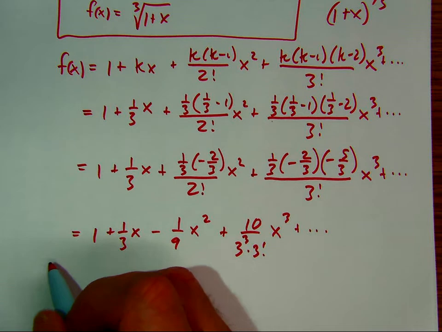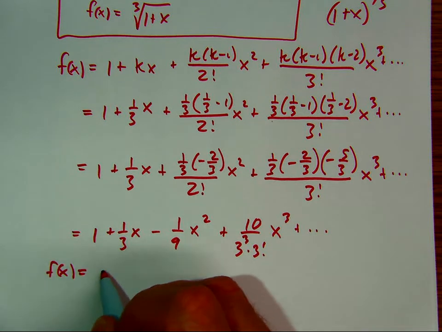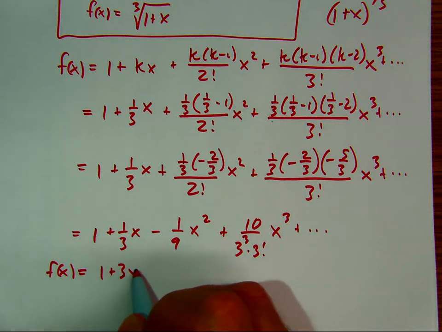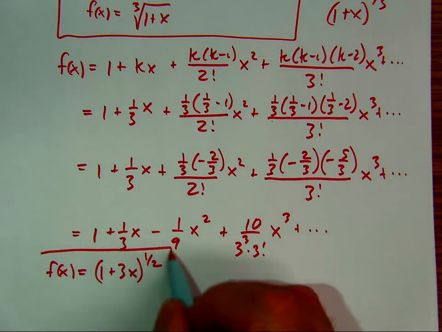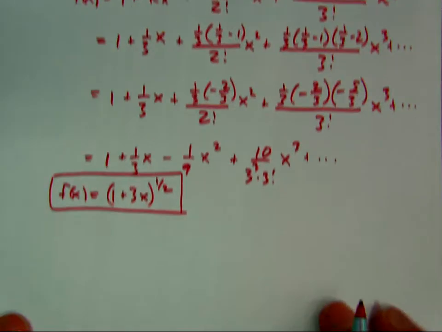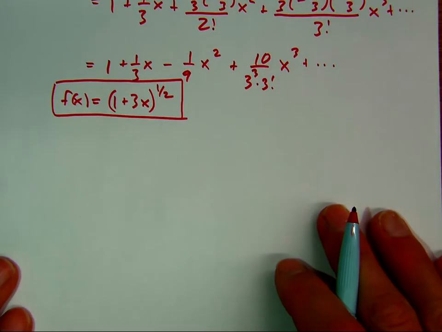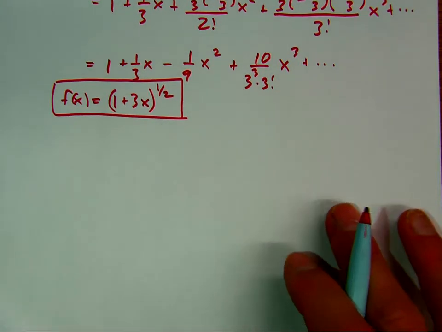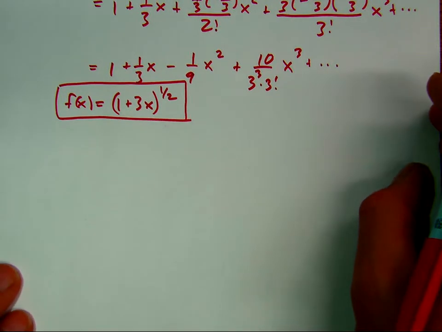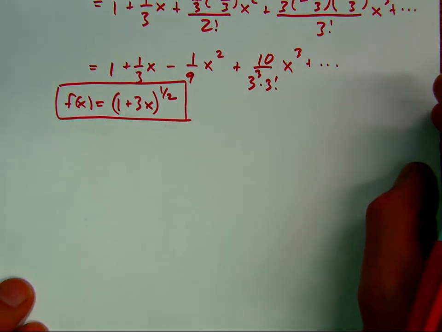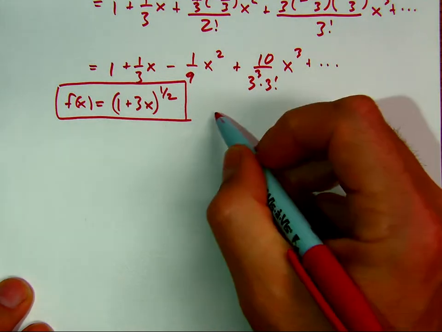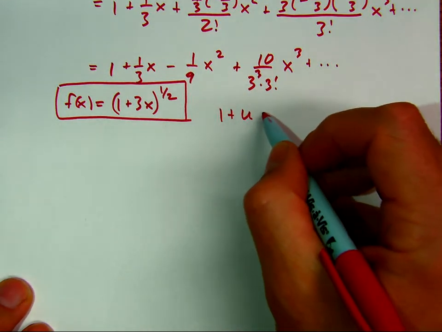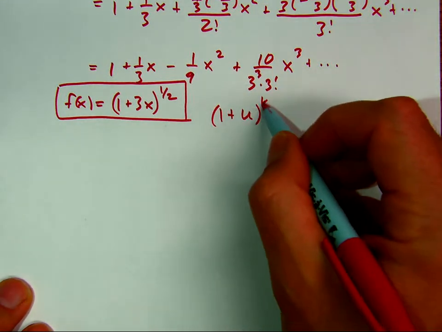And let's try, all right, find the Maclaurin series for that one. Pause the video. And we need to think of it as 1 plus u to the k.